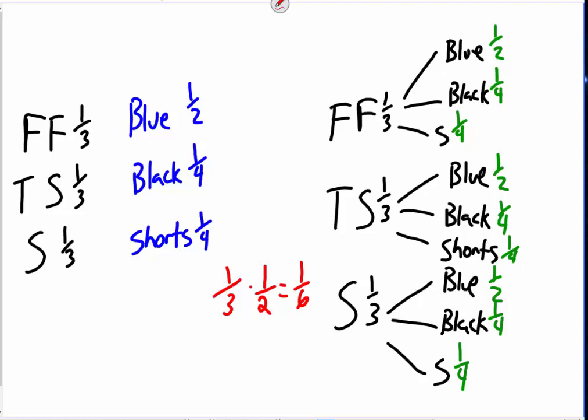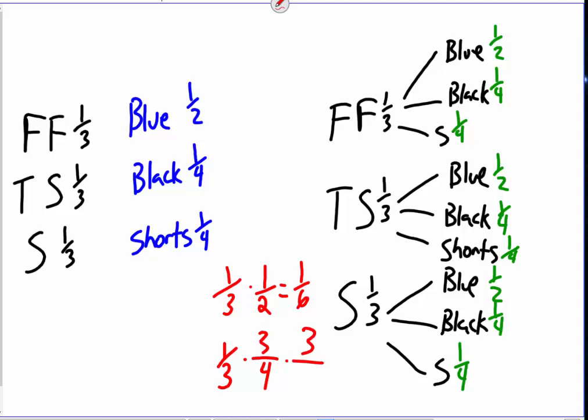Or you could even do something like, what's the probability of wearing flip-flops and jeans? And you got to understand that jeans include both the blue jeans and the black jeans. So there's actually a 3/4 chance of wearing jeans. So flip-flops would be 1/3, and then there's a 3/4 probability of wearing jeans.